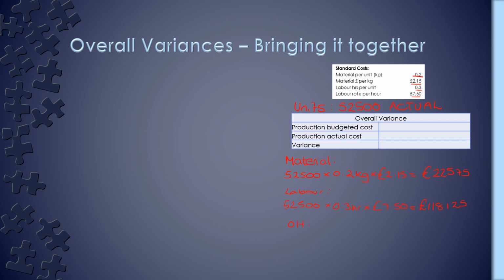And then our overhead was budgeted to be 60,000. So when you add those figures up, our actual production should have cost us £200,700.